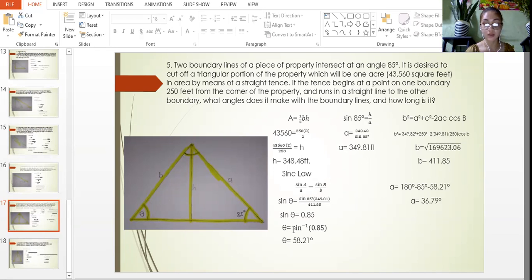So theta is equals to sine raised to the power of -1 of 0.85. So theta is equals to 58.21 degrees. Then solve for A. So A is equals to 180 degrees minus 85 degrees minus 58.21 degrees. So A is equals to 36.79 degrees.